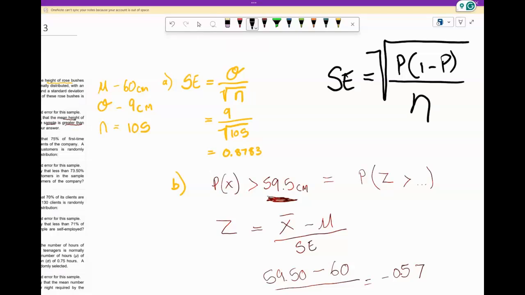We're saying SE is equal to the square root of the population P, 1 minus P, divided by N. And then we might as well write down how we calculate our equivalent Z distribution: Z is equal to the mean minus mu, divided by SE.